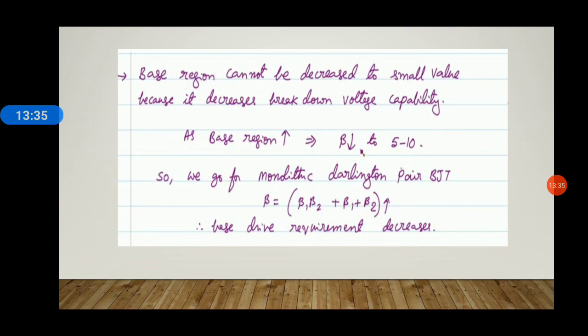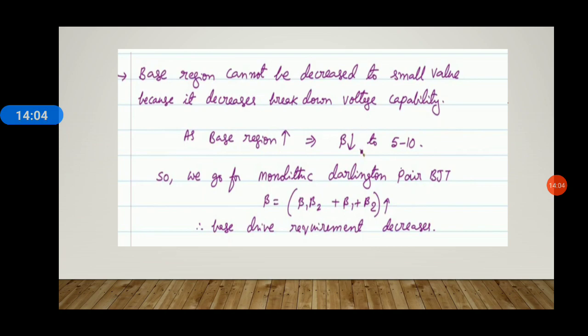Now, as mentioned earlier, the base region cannot be decreased to a small value because it will again decrease the breakdown voltage capability. So the base region has to be increased. Now, if base region is increased, it means recombination of electrons and holes will be less. If recombination is less, then beta is reduced.